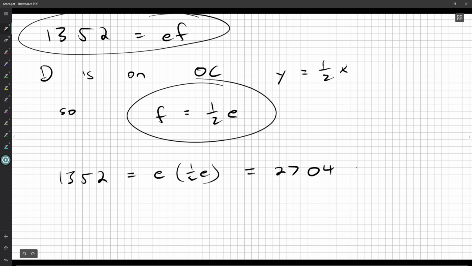I'll get 2704 should be E squared. And from there, we should be able to solve for E.